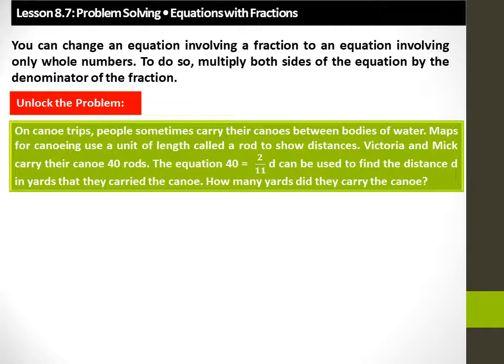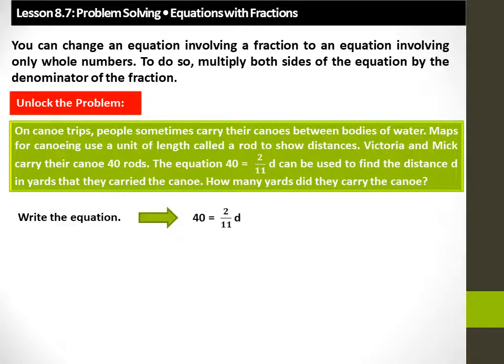Maps for canoeing use a unit of length called a rod to show distances. Victoria and Mick carry their canoe 40 rods. The equation 40 equals 2 over 11 times d can be used to find the distance d in yards that they carried the canoe. How many yards did they carry the canoe?